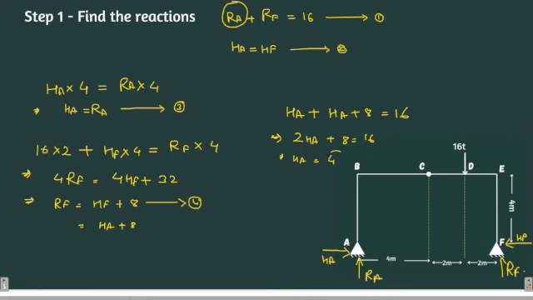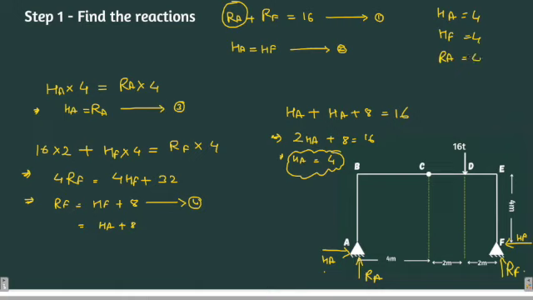So once we got this HA as 4, that means HF is also 4 from equation number 2. So what are the values which we are getting? HA as 4, HF as again 4 from equation number 2, and RA again as 4 because RA is equals to HA from equation number 3.